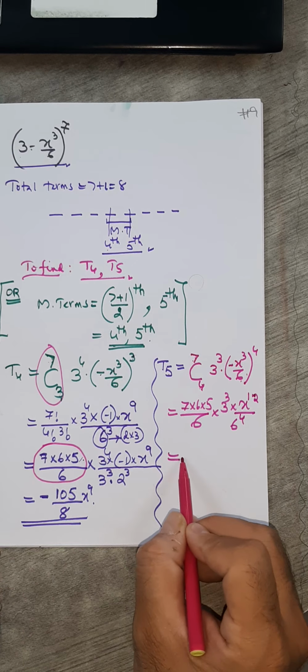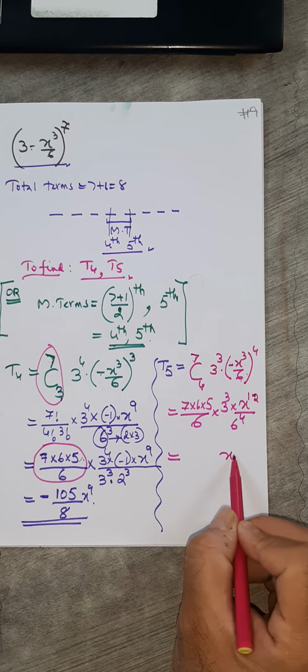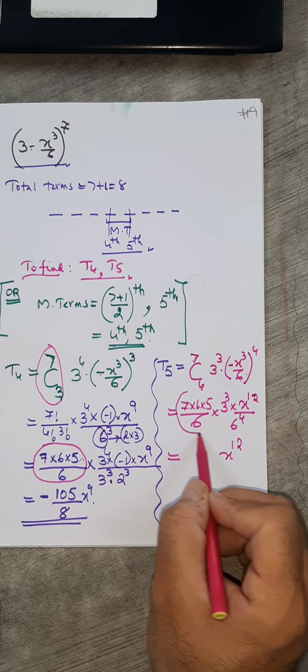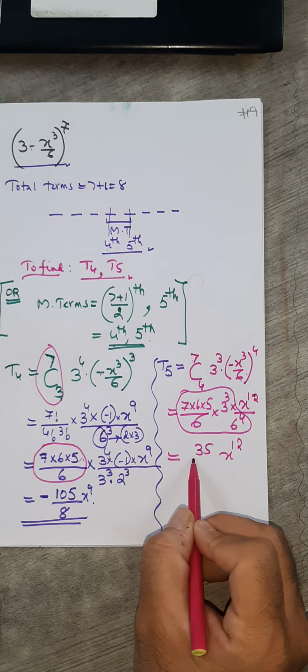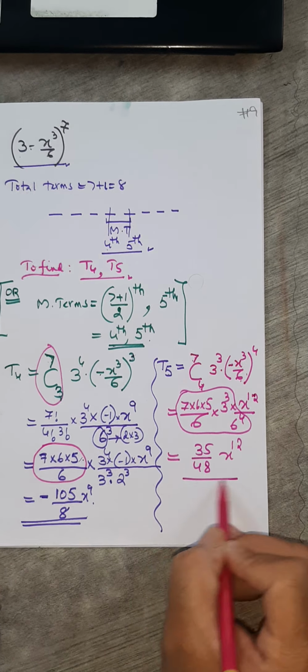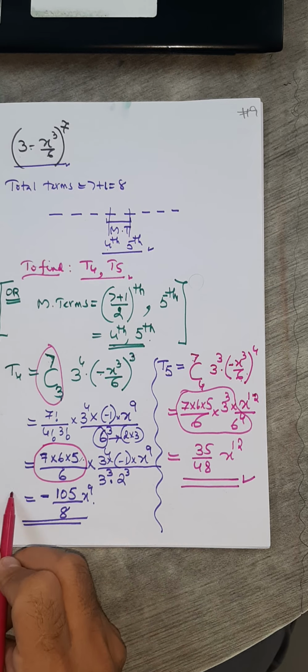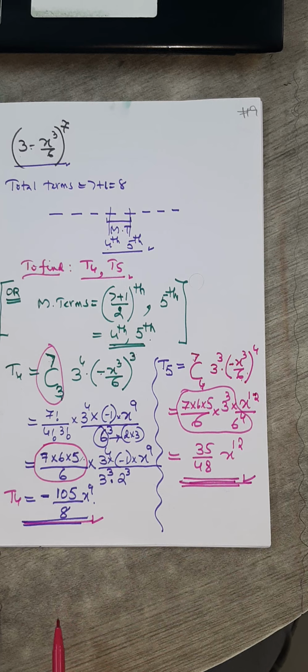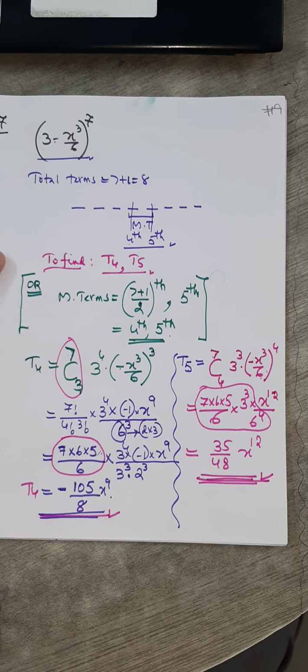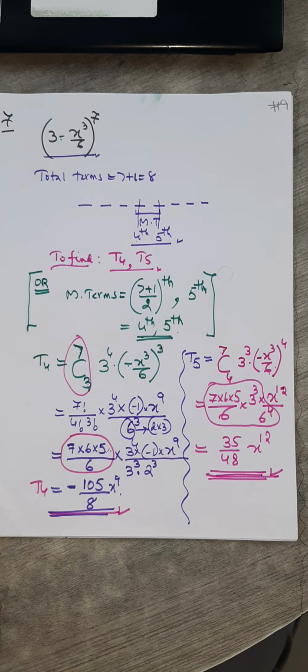So use a calculator and just simplify. x raised to 12 will be there. The simplification of this one gives us 35 by 48. I wrote this directly. So these are your two final answers. T4 is this. T5 is this, remember. Fine.